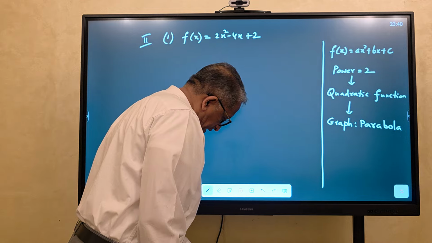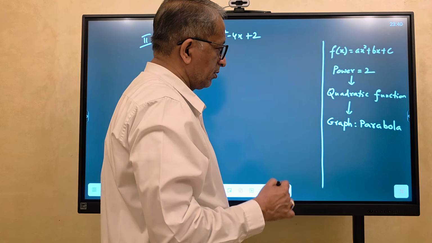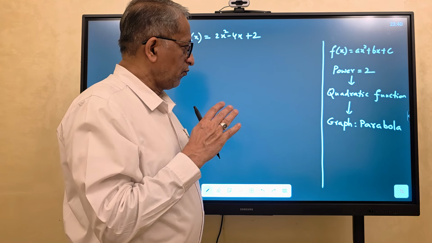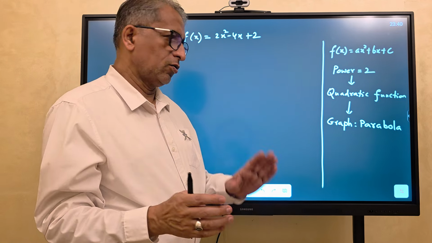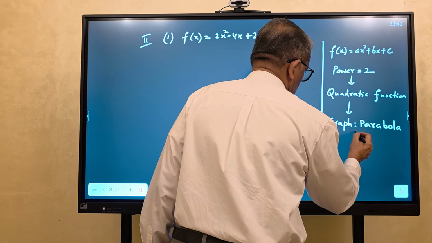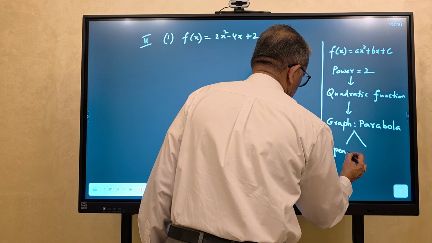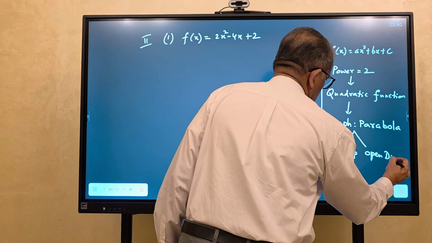So in that case, when you have a parabola, remember there are four types of parabolas: one opening up, opening down, opening right side, and opening left side. But here we are considering only two types of parabola, which open up and which open down.